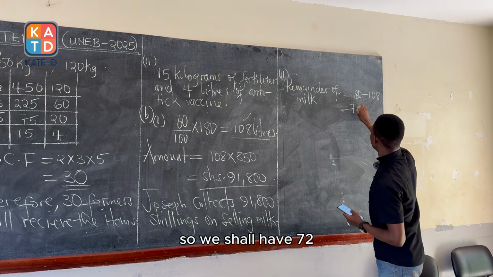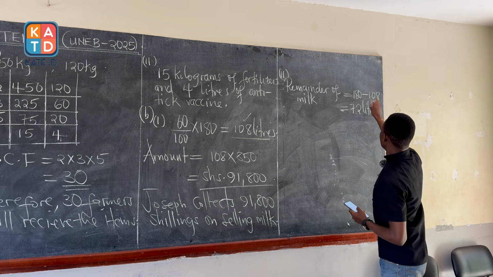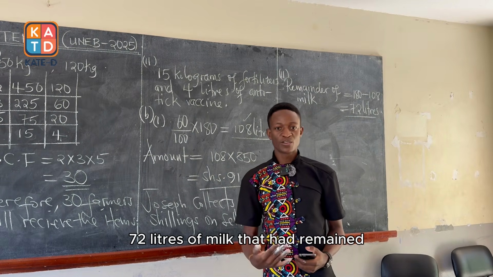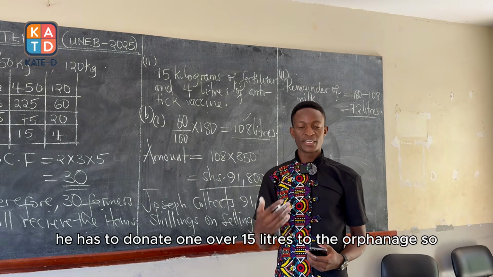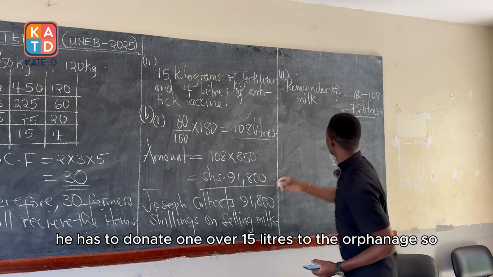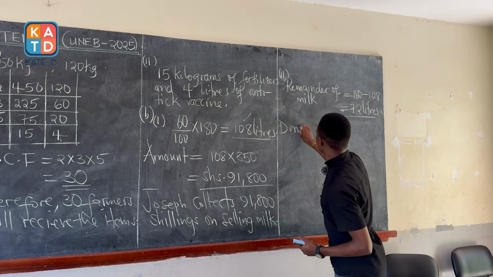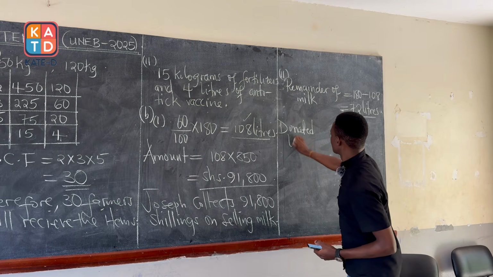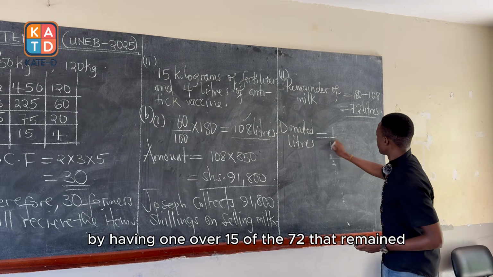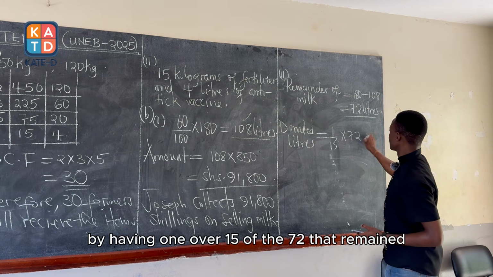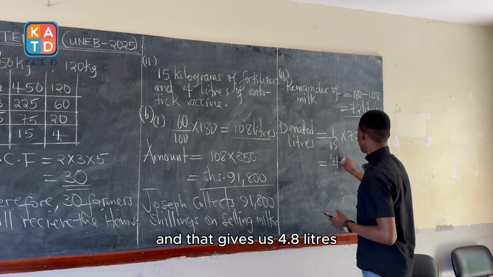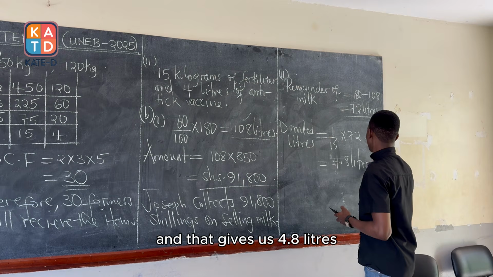So we shall have 72 liters of milk that had remained. Of the 72 liters of milk that had remained, he has to donate 1/15 to the orphanage. So we can get the donated liters by having 1/15 of the 72 that remained, and that gives us 4.8 liters.